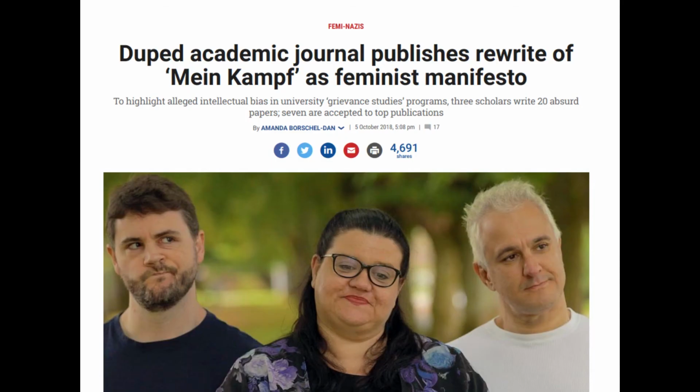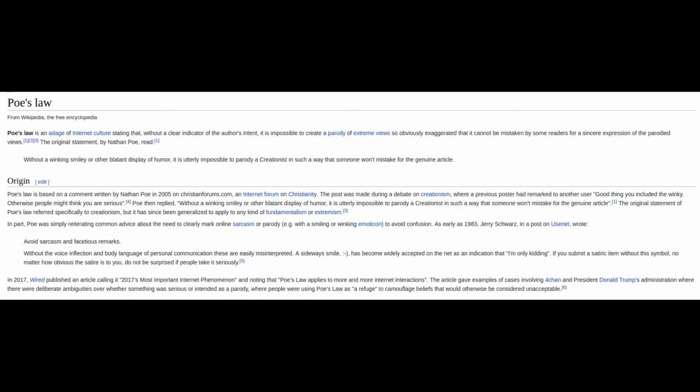Sokal Squared is so named as it is a bigger version of the Sokal Affair. This was done by submitting nonsensical articles which meant the editors held beliefs. These authors began a 1-year program of study by immersing themselves in the fields. Lindsay, Bogosian, and Pluckrose took the approach that if the normal academic controls do not work, they can use something else. In this case, they used Poe's law.